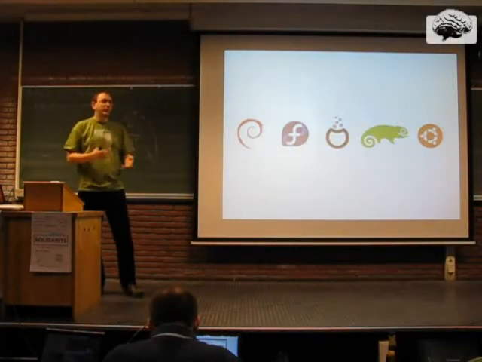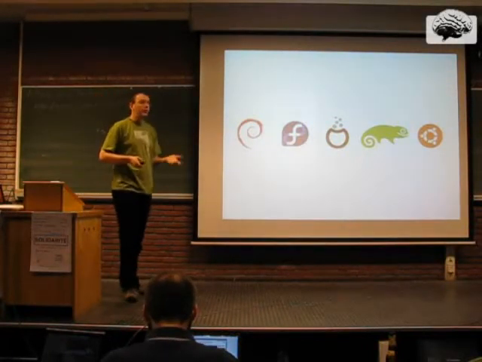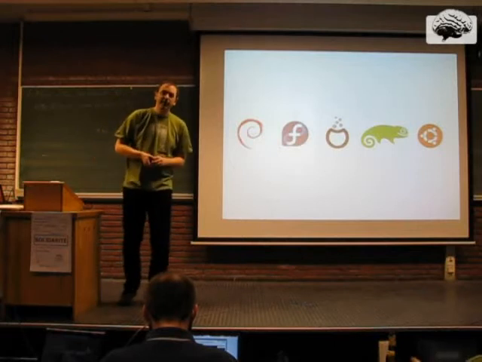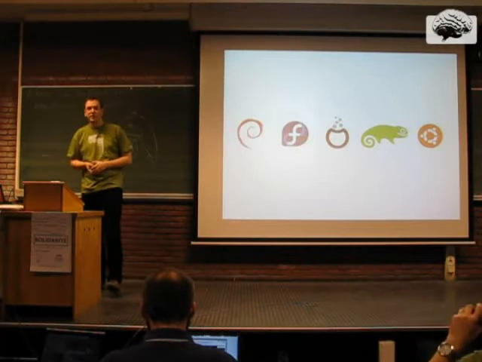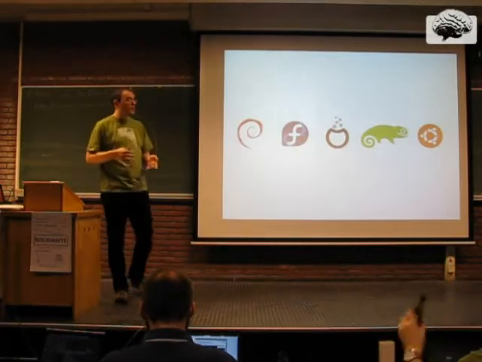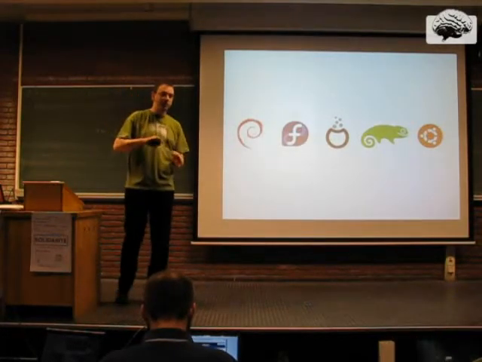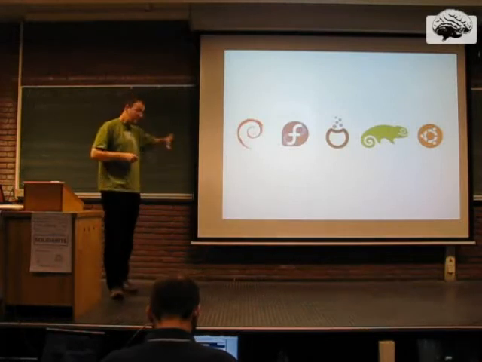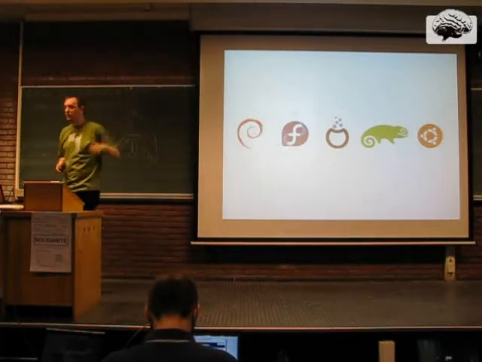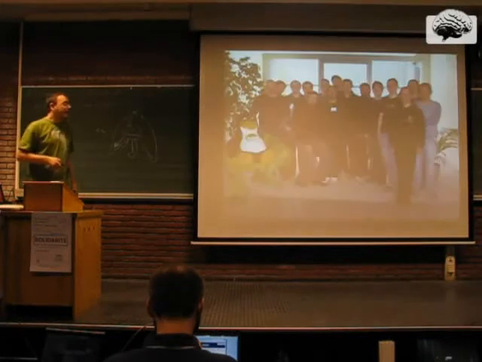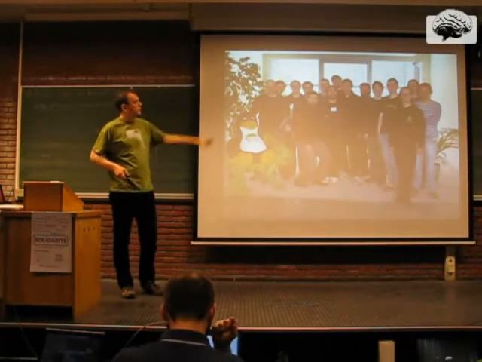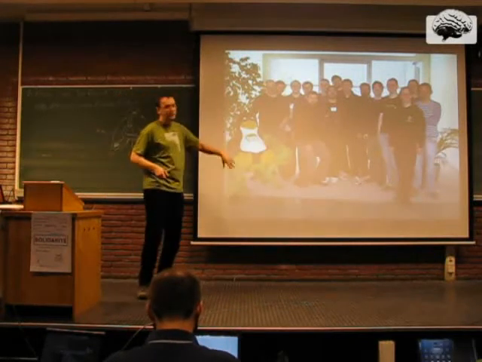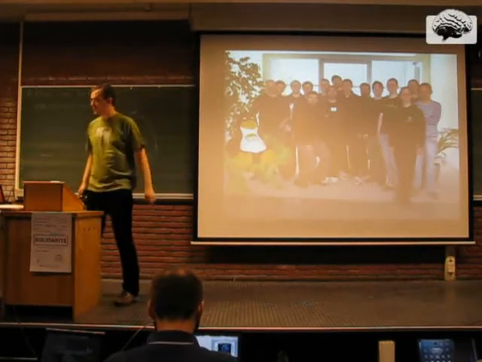I'm not going to explain right now why that cross-distro way is better. We are going to have a session of collaboration after this talk. I'm going to talk a bit about how we organize this in a cross-distro way between the 2 talks, but I'm not going to focus on that right now. I'm going to talk about Upstream itself. So those are the people who attended the meeting. We were 15 people, from all the distributions.